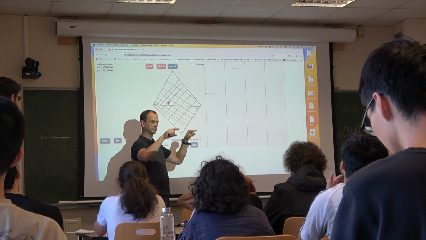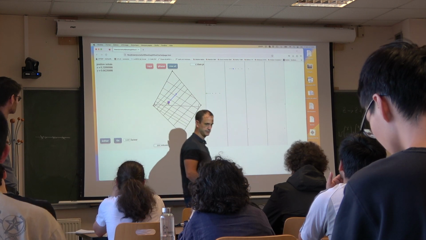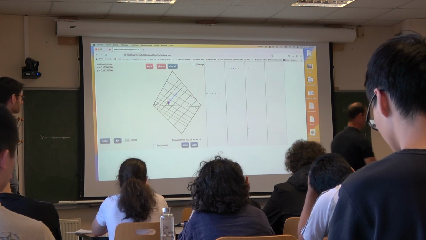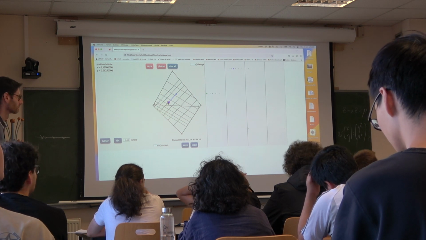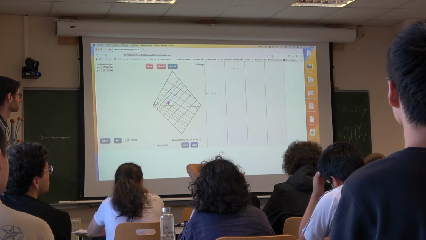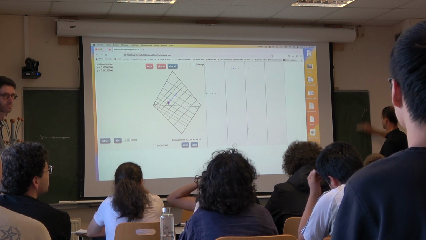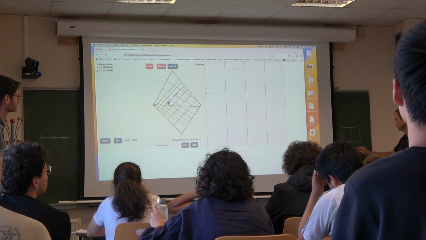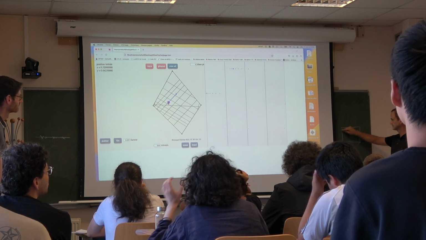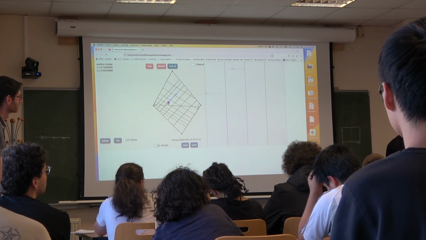But if you start talking about the rectangle, then you can do the same thing and ask whether a trajectory in a rectangle will be periodic or not. So you will choose the two sides of the rectangle as a basis.